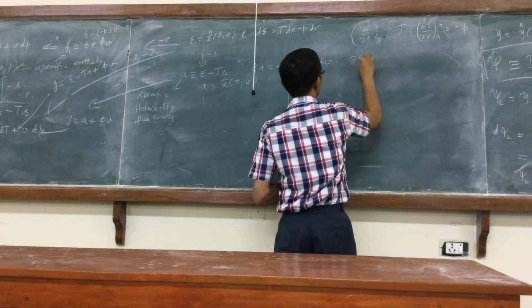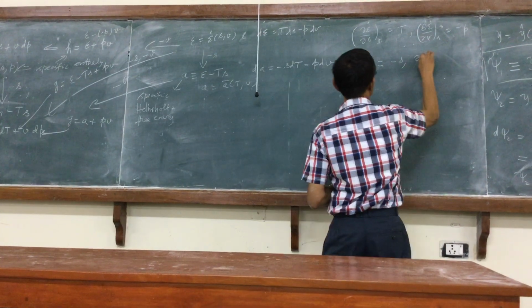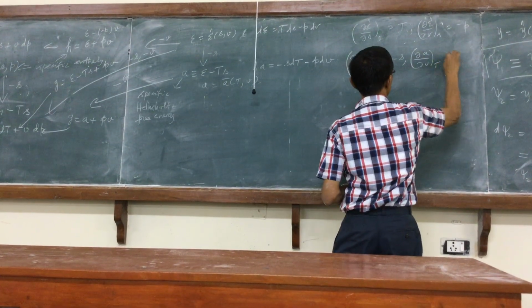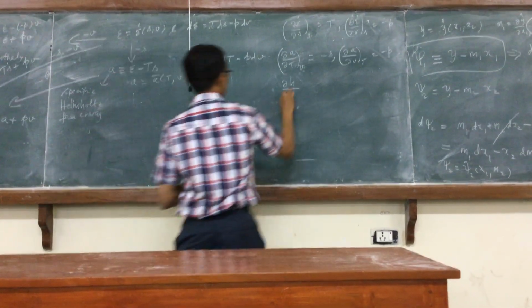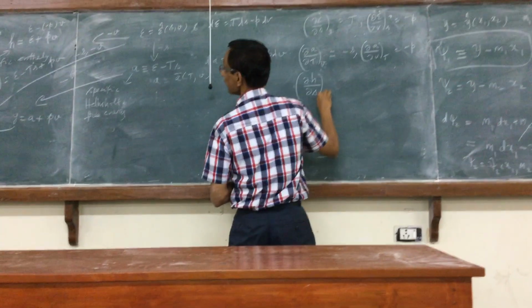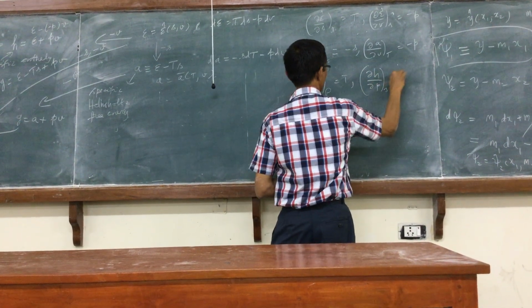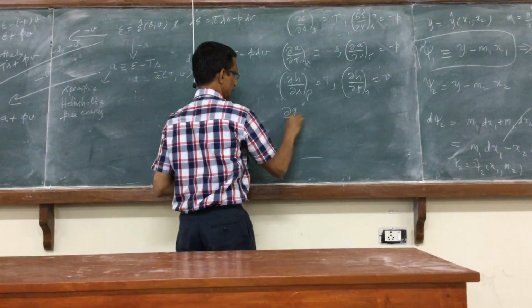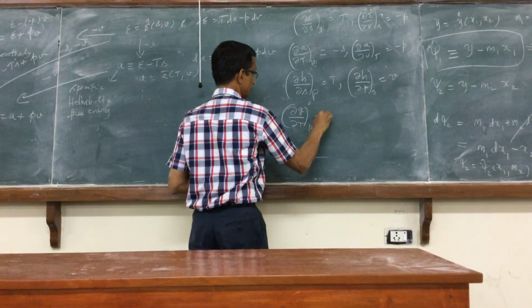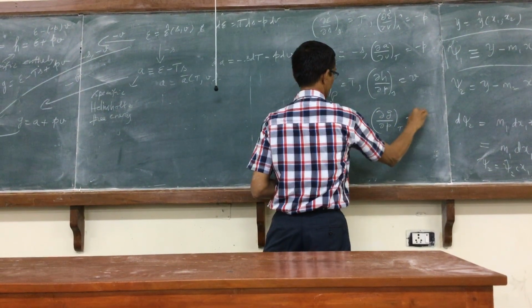And so dA by dT at constant V is minus S, and dA by dV at constant T is minus P. Again, dH by dS at constant P is T, and dH by dP at constant S is V. All of this can be written by inspection. Again, dG by dT at constant P is minus S, and dG by dP at constant T is V.